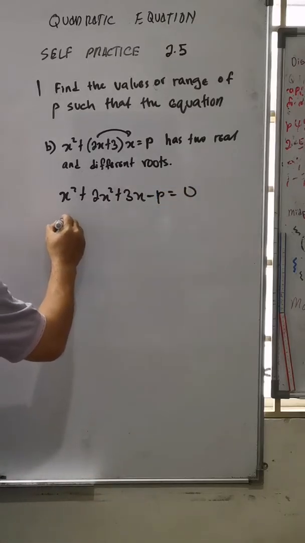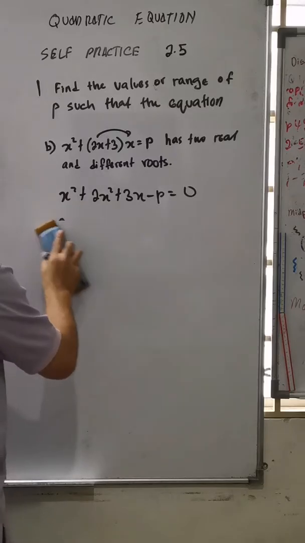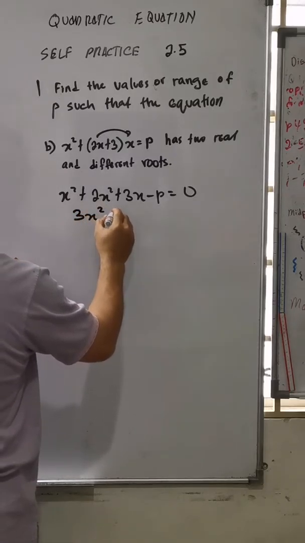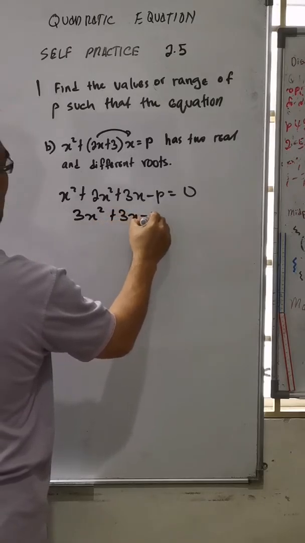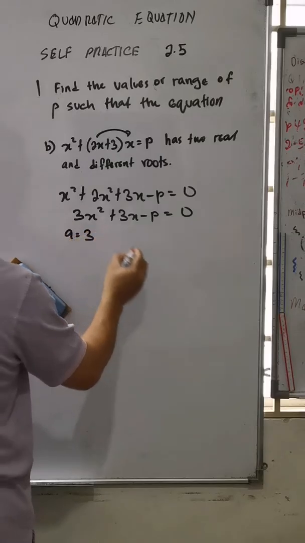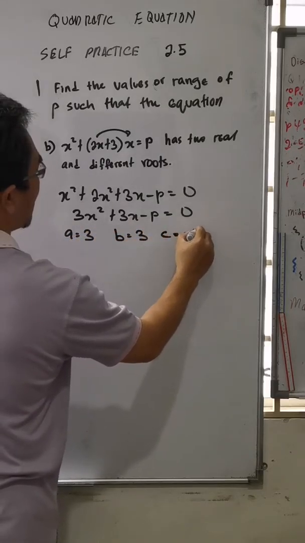So A is 1. Oh, sorry. You can add, so it becomes 3x squared plus 3x minus p equal to 0. So A is 3, B is 3, C is negative p.